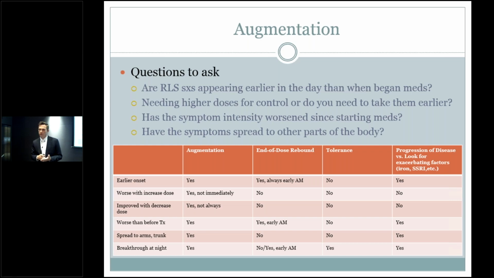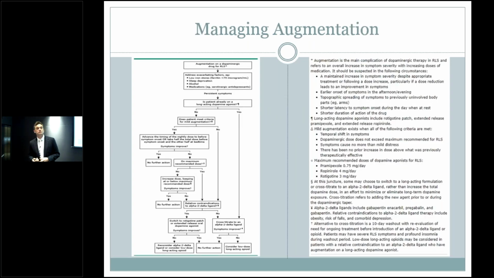The important part, if you do think that they're spreading or getting worse, is to look for those exacerbating factors: look for the SSRIs, look for the iron issues, to try to improve some of these symptoms. There is a very long and very detailed algorithm on UpToDate, I will tell you all, about managing augmentation.